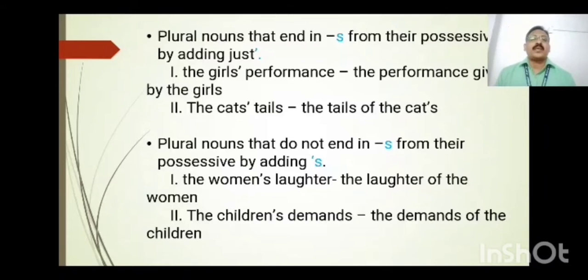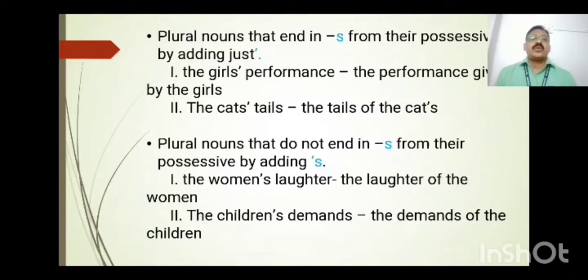Possessive form. Here I have done some examples for you, children. The girls' performance. You can see girls is in plural form, so I have just put an apostrophe after s, and it changes into possessive form. The performance given by the girls.